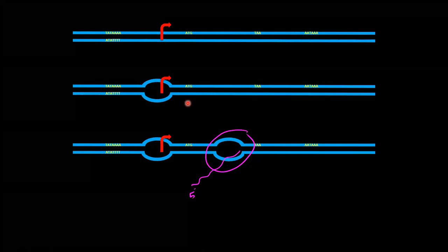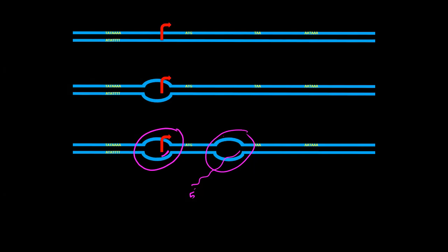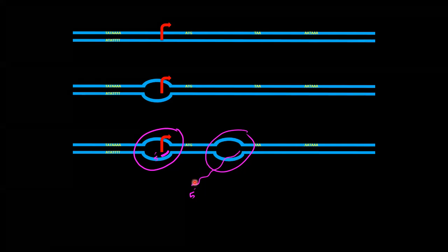After the RNA polymerase moves, another polymerase can bind and start transcription. So here we have 2 RNA polymerases. One is already ahead of the other. One just began the synthesis of the RNA transcript. The other has already advanced downstream in the gene, and now its RNA transcript is longer.